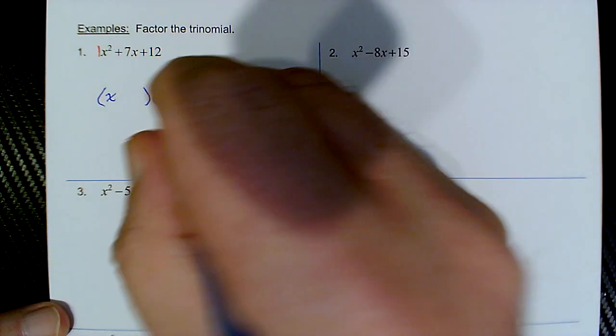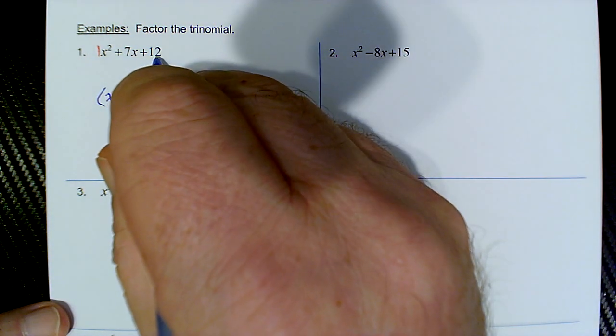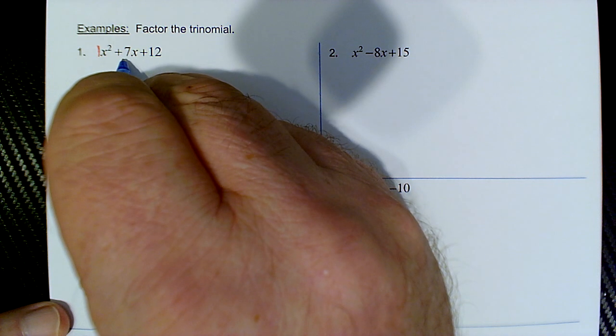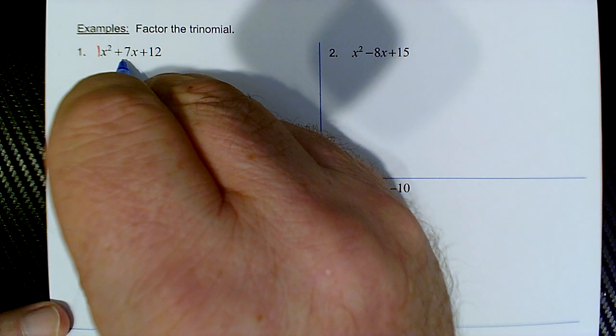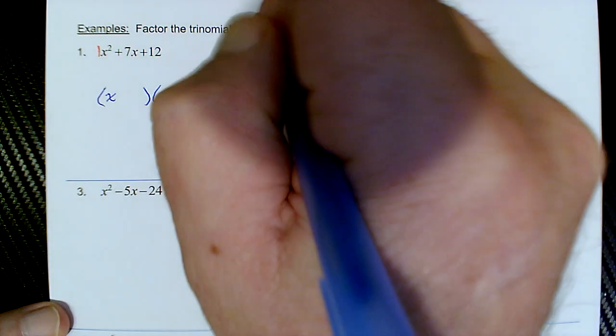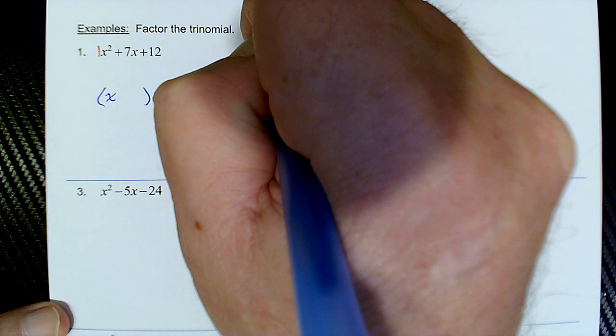And then we want two numbers that multiply to give us 12, that add to give us 7. And so you have to think of the factors of 12.